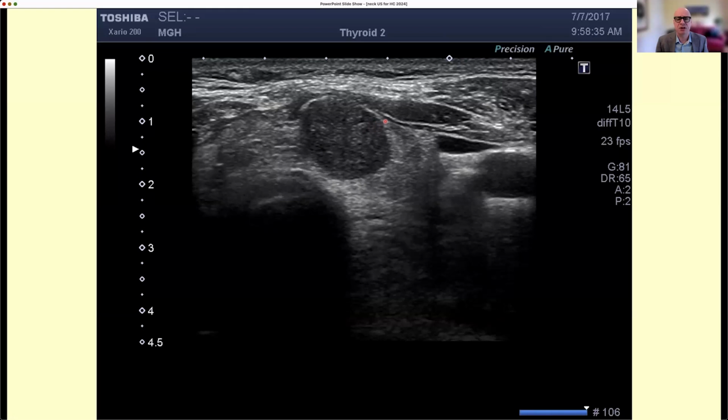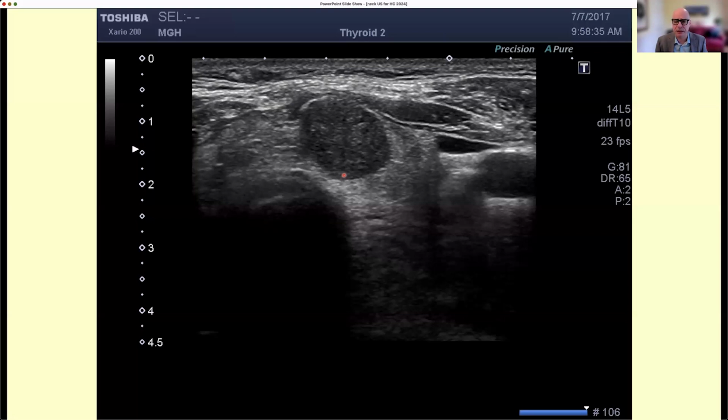I put this nodule here because you can also see that the nodule abuts the thyroid capsule, right? So it's a nodule that, if malignant, would have the potential of extending extrathyroidally, and also the posterior margin is in contact with the trachea, right? So those are things that you can observe. It doesn't mean that the nodule is malignant.